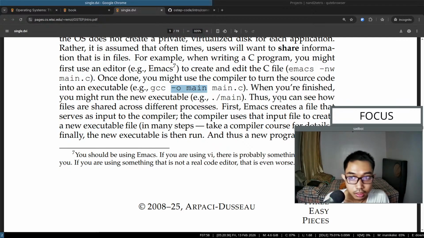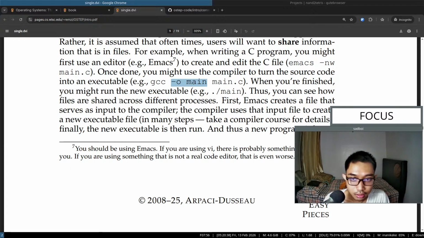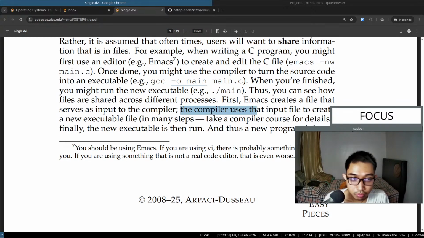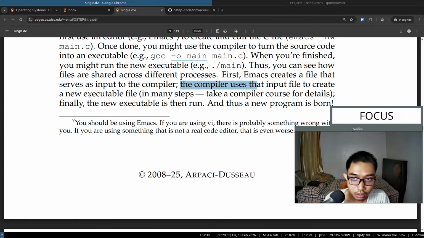Thus, you can see how files are shared across different processes. First, Emacs creates a file that serves as input to the compiler. The compiler uses that input file to create a new executable file. In many steps, take a compiler course for details.